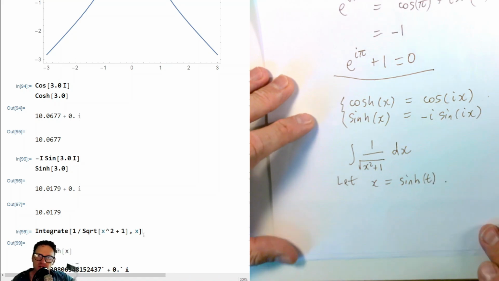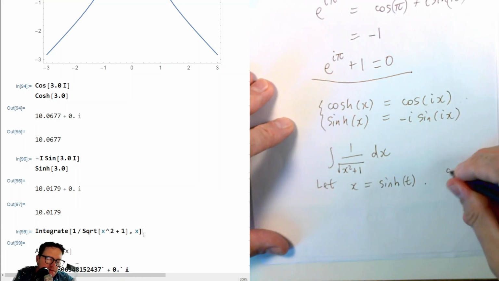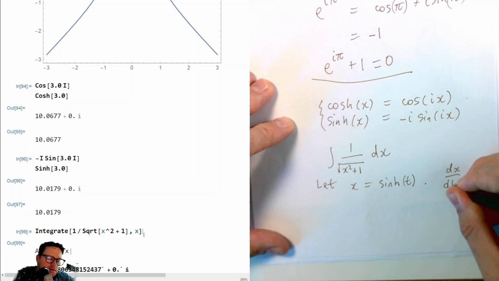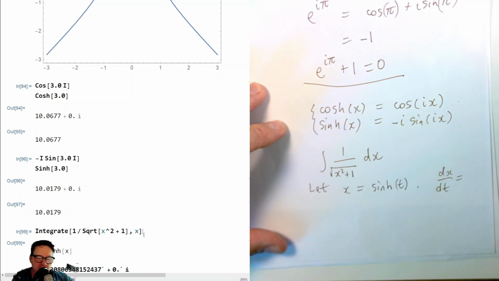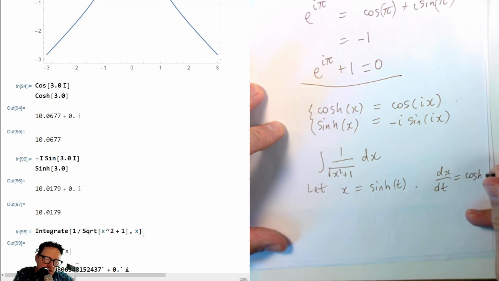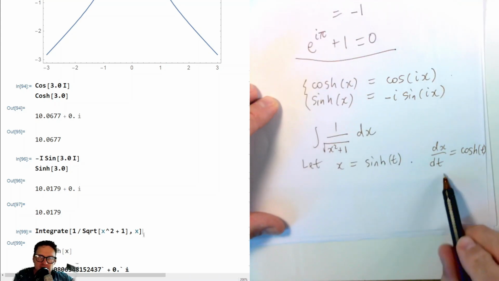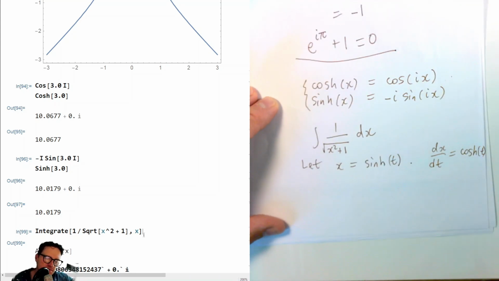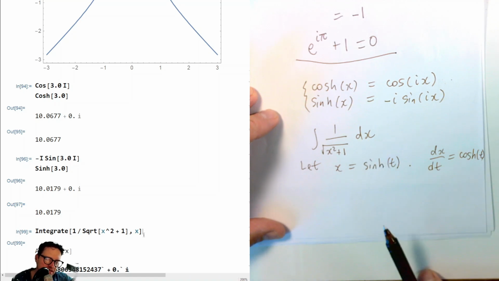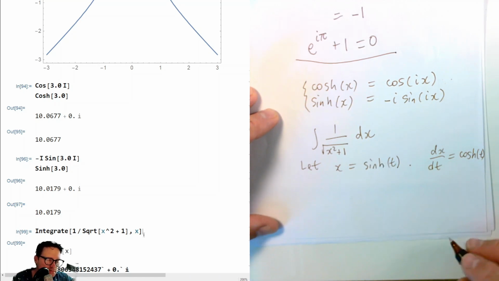Okay, and so next what I want to do is differentiate. So dx on dt, well, we know what the derivative of sinh is. It's cosh. So that's cosh of t. And so this tells me how I want to substitute that dx in terms of dt's.